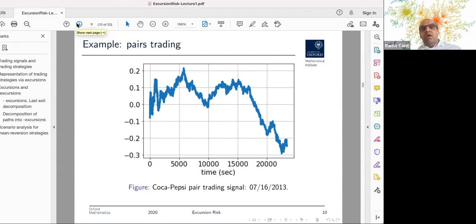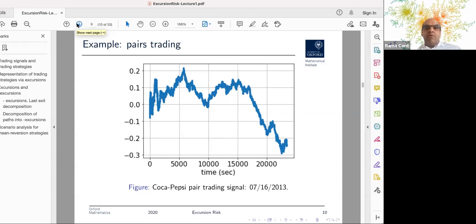In this example, we look at Coca and Pepsi intraday prices over a long period. I'm going to come back to the detailed description of the data tomorrow. Every day you do a regression of Coca and Pepsi on the previous day, and you calculate the coefficient W.